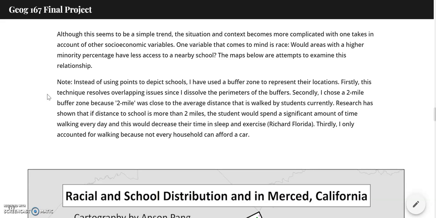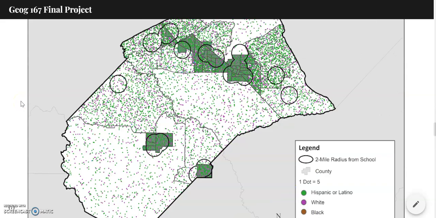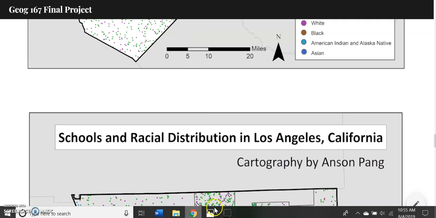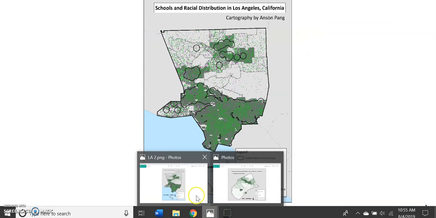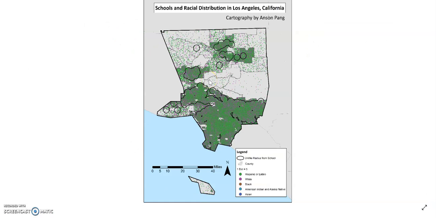I was wondering whether areas with a higher minority community percentage would lead to fewer schools in that area. I made several maps in ArcMap to examine this relationship, so I would open it up in images here.